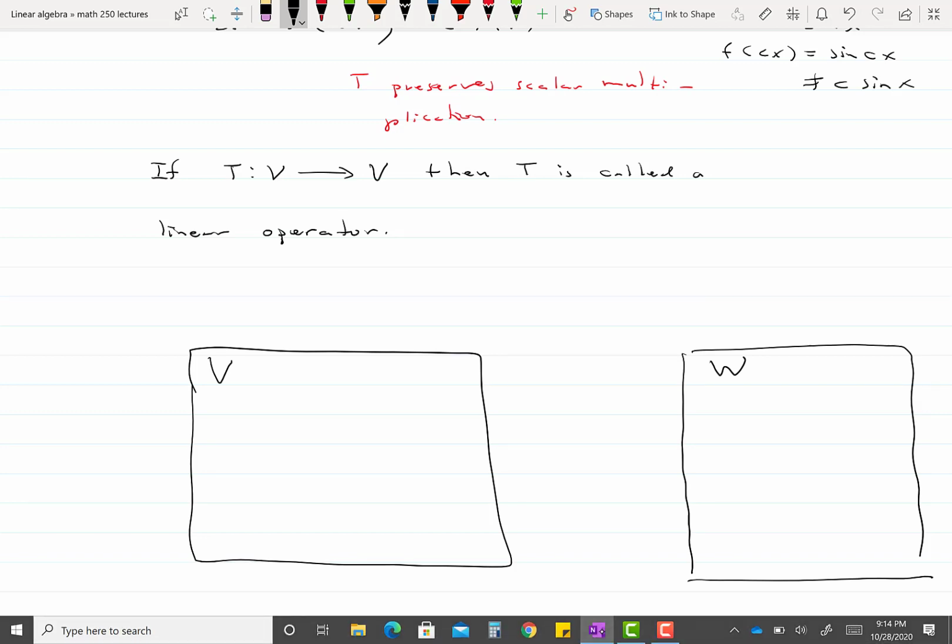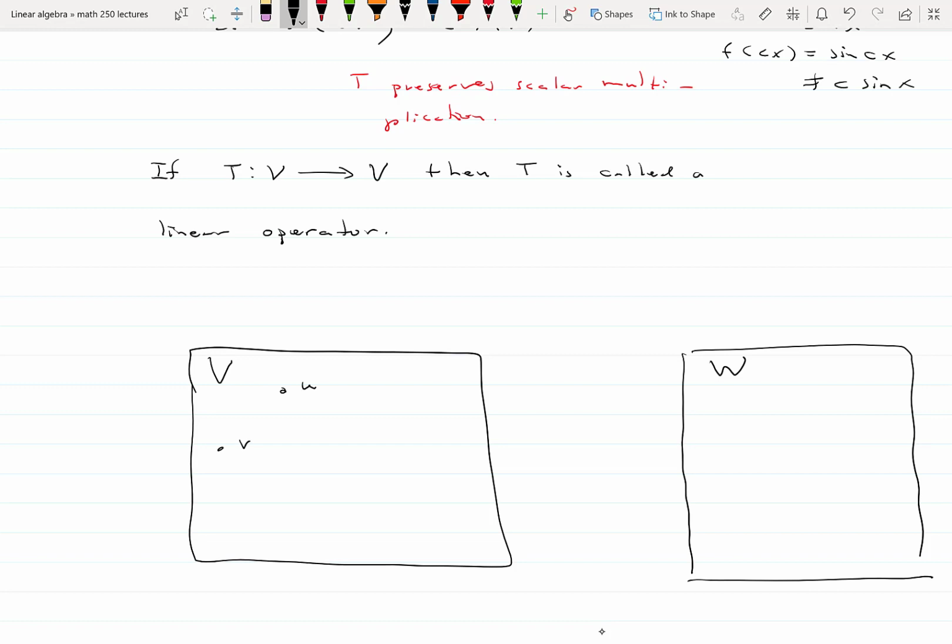If this dot is u and this dot over here is v, then because vector spaces are closed under addition, u plus v is somewhere in V. If the transformation is linear, it takes u plus v and turns it into T of u plus T of v. So something added together in V was sent into another sum in W.